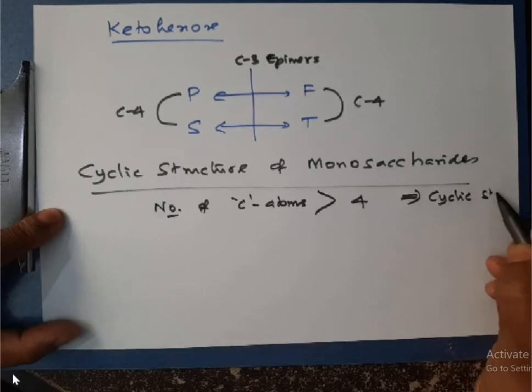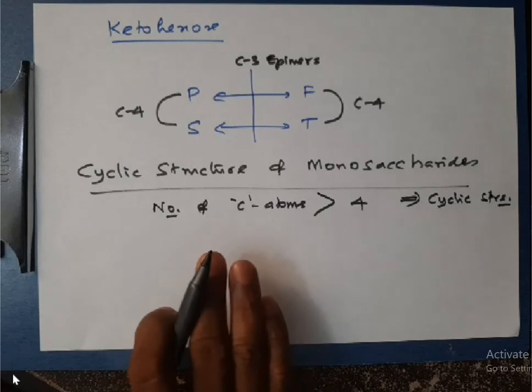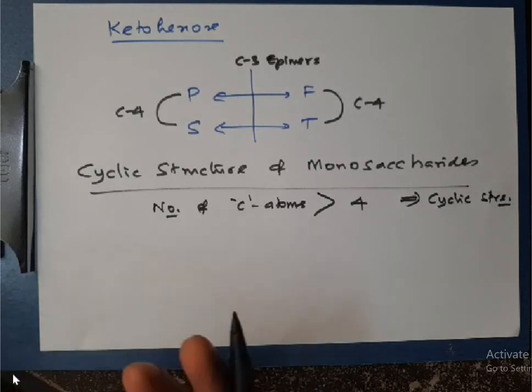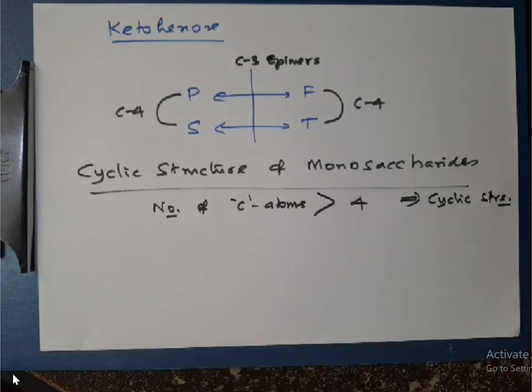That is aldopentose, aldohexose, ketopentose, ketohexose. If the number of carbon atoms is more than 4, then those molecules can also exist in cyclic structure.